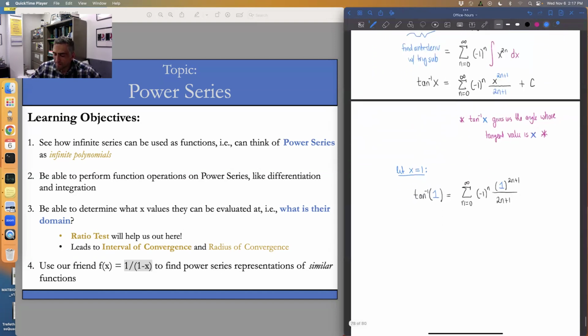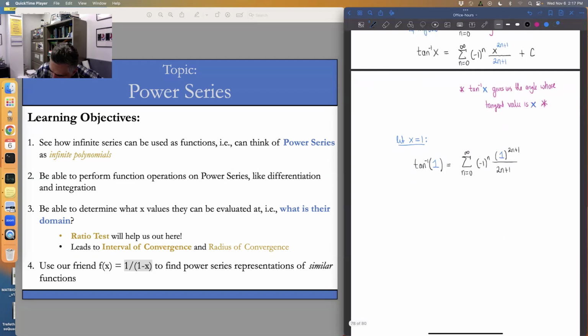Right. Now, if we simplify the right-hand side, well, the only simplification we can do is 1 to any integer power is always going to be equal to 1. So we can rewrite that right-hand side as the power series n equals 0 to infinity of minus 1 to the n all over 2n plus 1. And well, you might be wondering where I'm going with this.